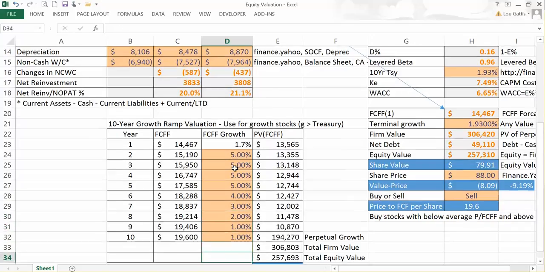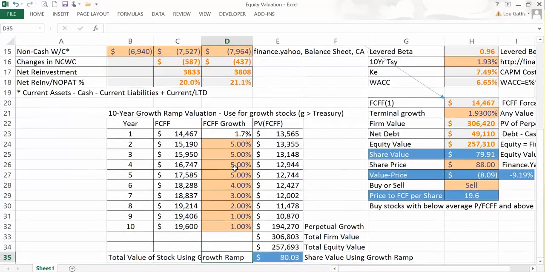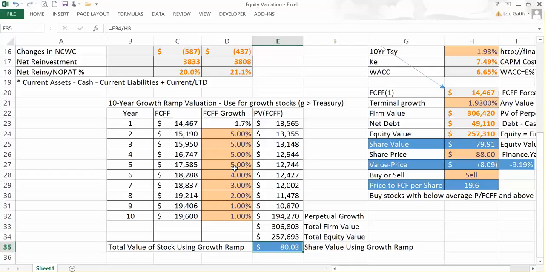That would tell me that Walmart's worth $80 a share. These two numbers don't give the same value because this one's assuming it grows at 1.9% forever. This one is assuming that it's going to grow above that rate for a while.